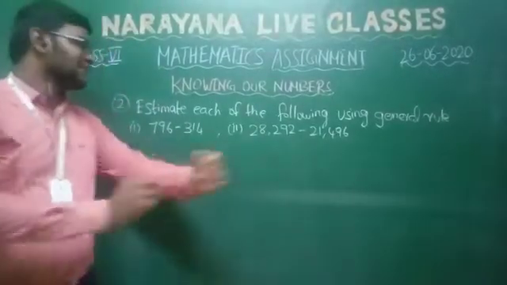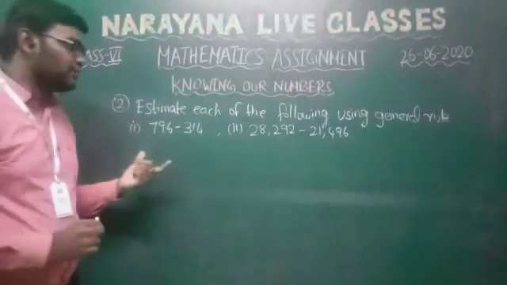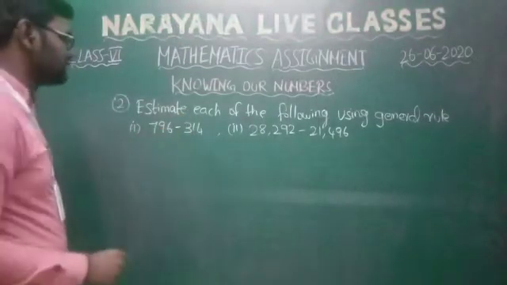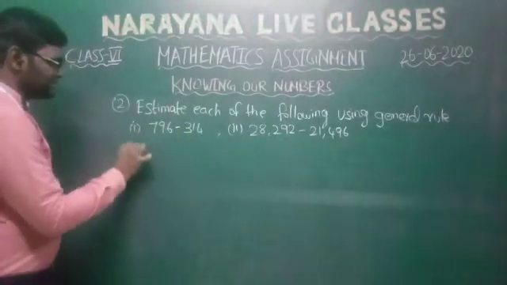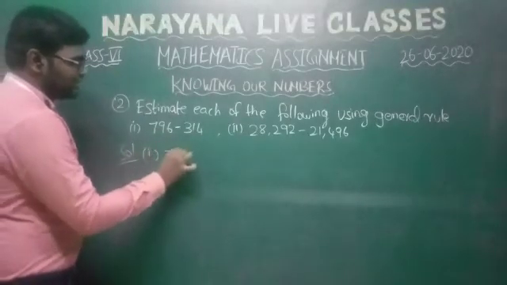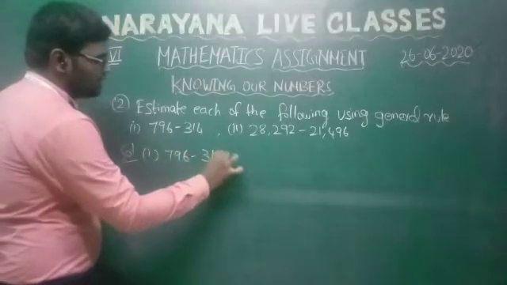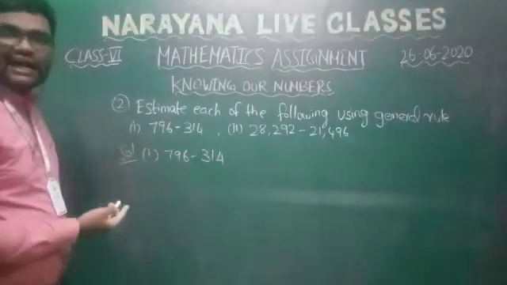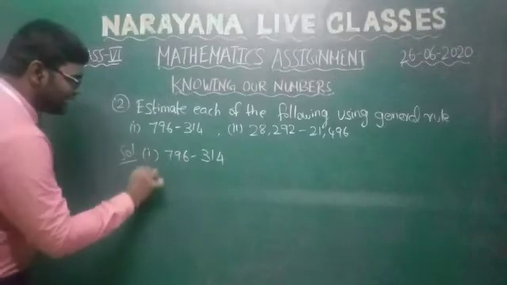Okay students, now we will discuss the solution for the second problem. Estimate the difference of the following, using the general rule, same as the first subdivision. 796 minus 314. It is a hundreds place, so we will round off to the nearest 100.